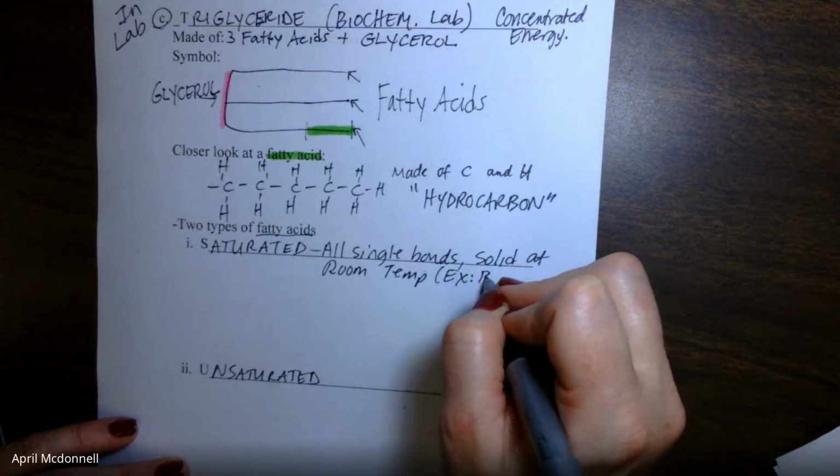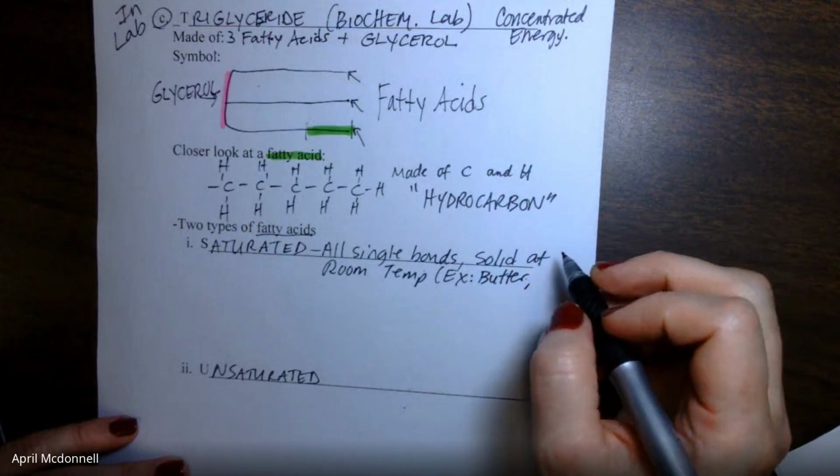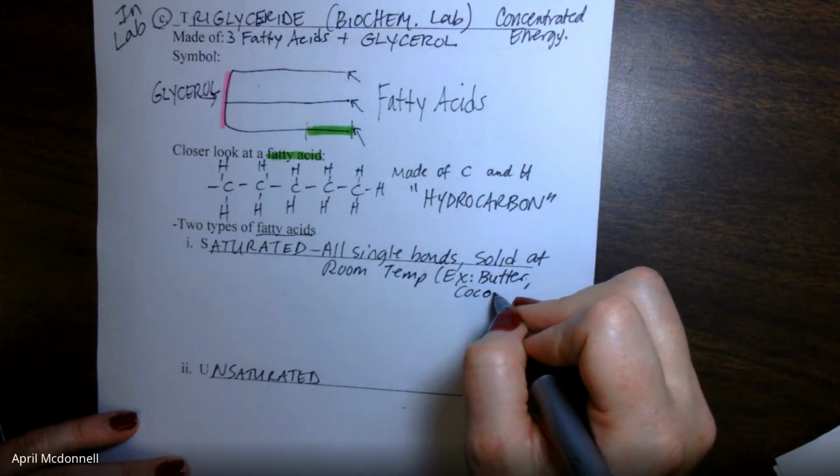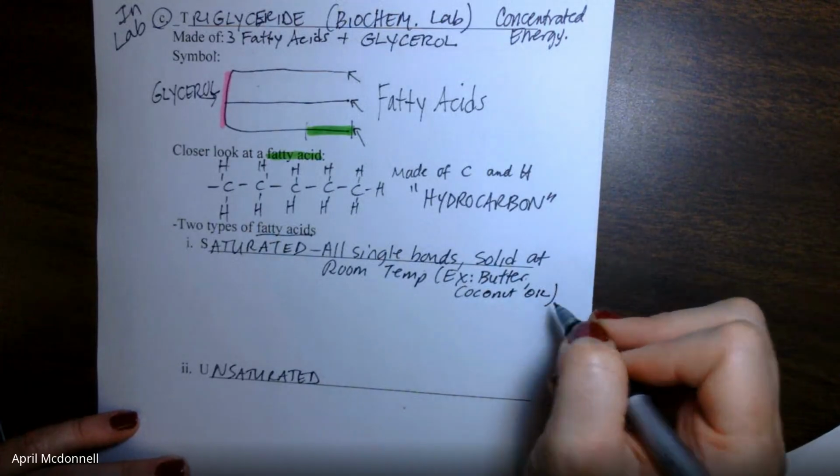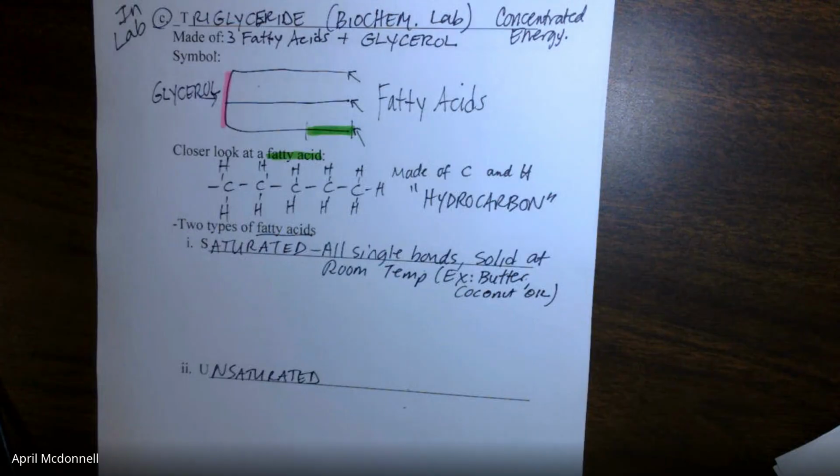Examples are butter and coconut oil. Anything that's solid at room temperature, which is approximately 70 to 72 degrees.